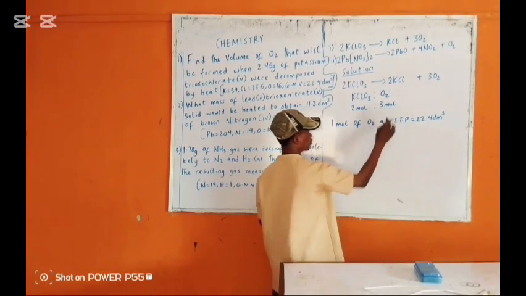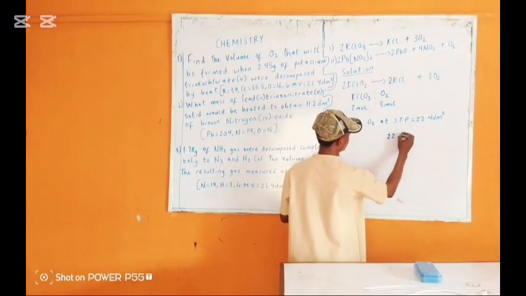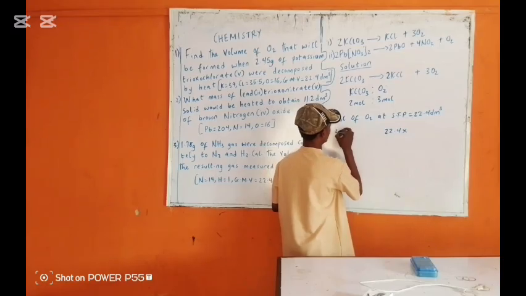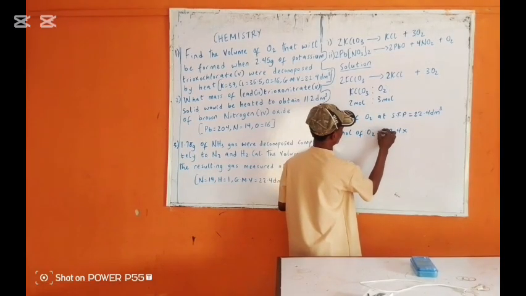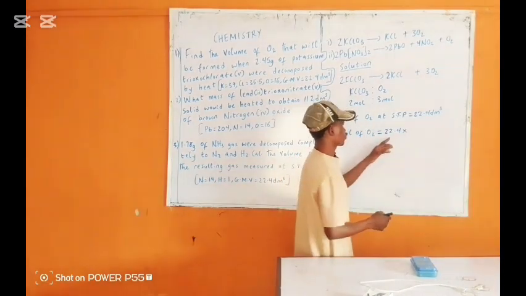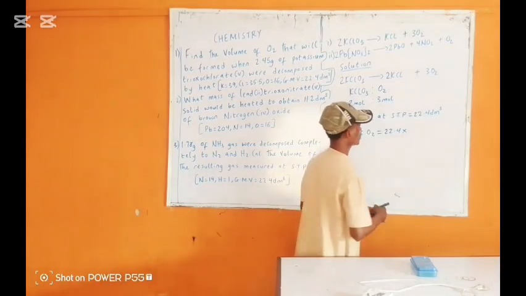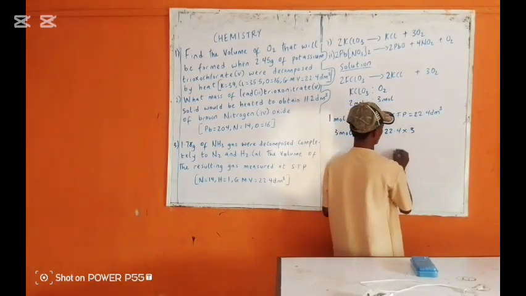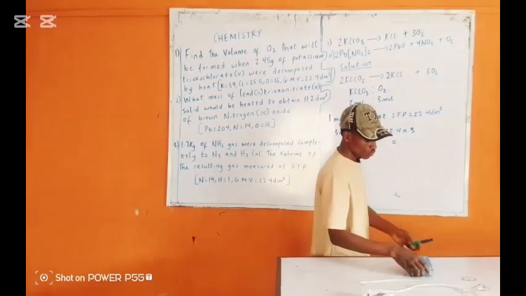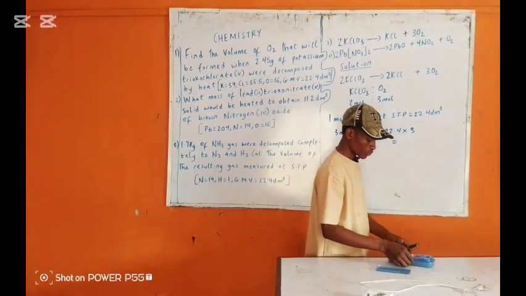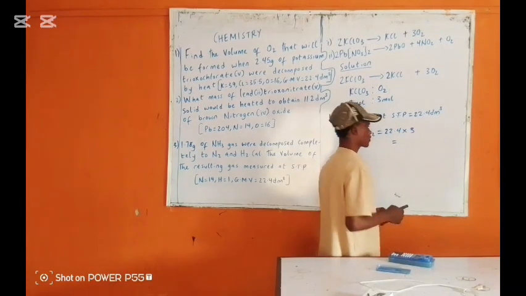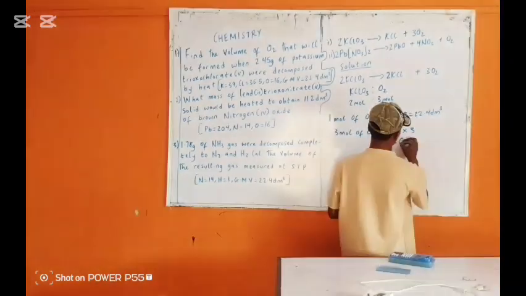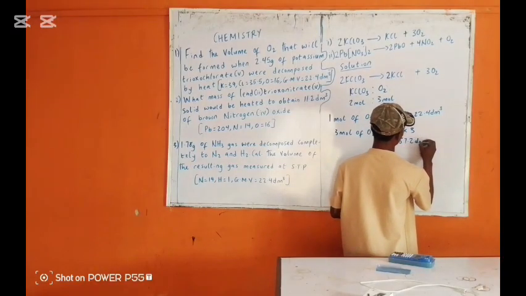So 3 mole now will be what? 22.4 times 3 moles of O2 equals to what? 22.4 times 3. So that will be what? 22.4 multiplied by 3. So we have 67.2 dm cube.